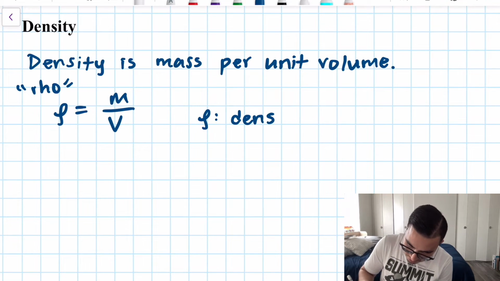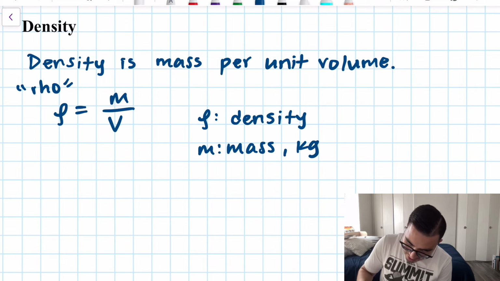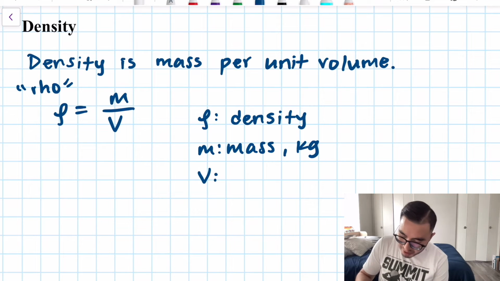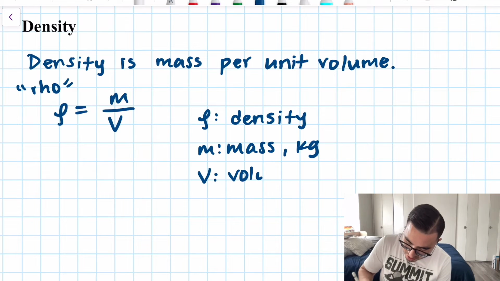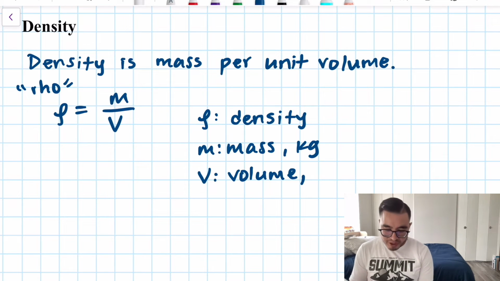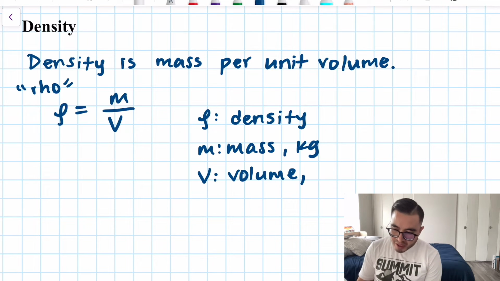We'll get to the units right now. M is mass, and we know mass is in kilograms. In this case, volume is going to be meters cubed. And just like with pressure, volume can change depending on the shape of the object.